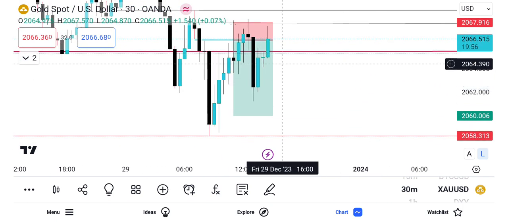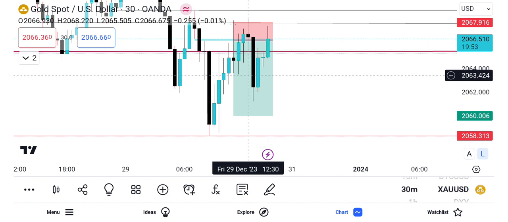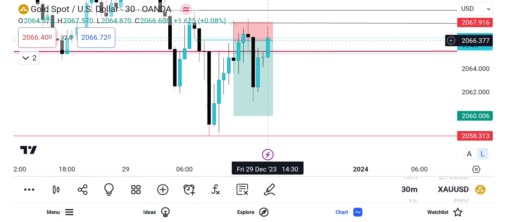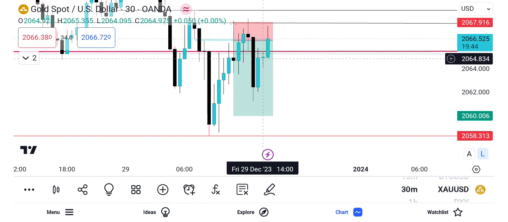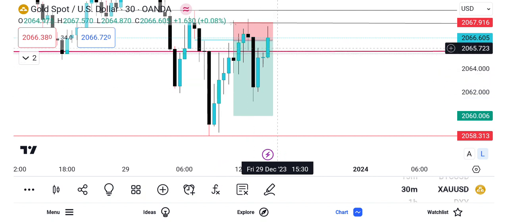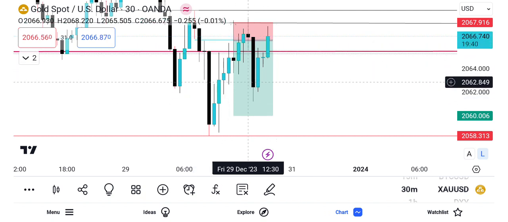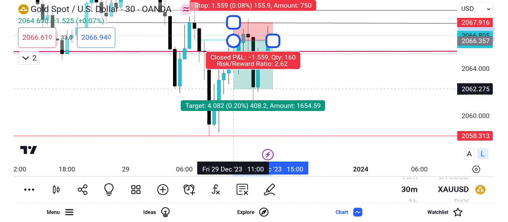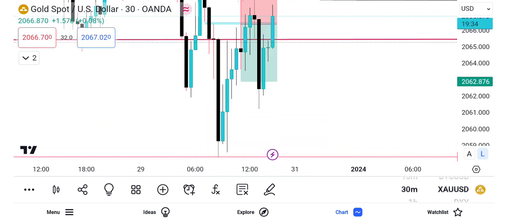Usually, after I've seen a 1 to 1.5 or a 1 to 2, I take a partial at around that zone. I usually trail my stop loss to break even. You can see my stop could have been hit, but I could have taken out something. That's why I usually like to take a 1 to 2, because you have peace of mind.